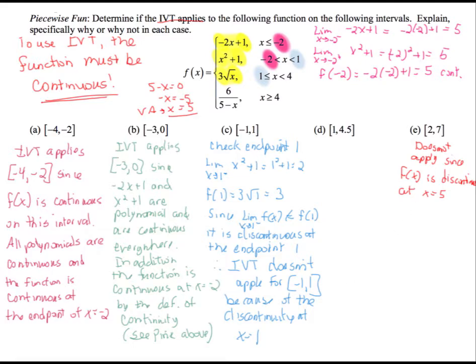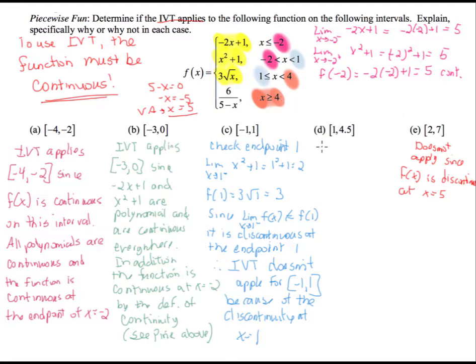Finally, let's look at interval D, and this is from 1 to 4.5. The only value that could be discontinuous is at 1, since I know that the rational function is not discontinuous until 5, which is not in this interval. And the function splits at 4, as I just highlighted in red.